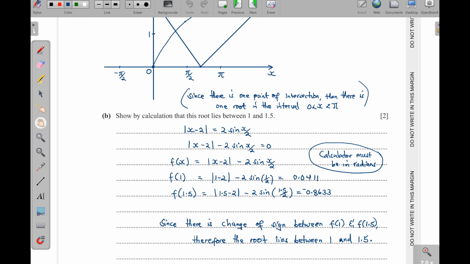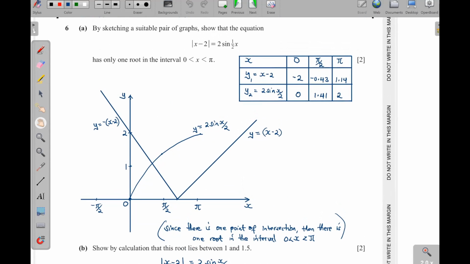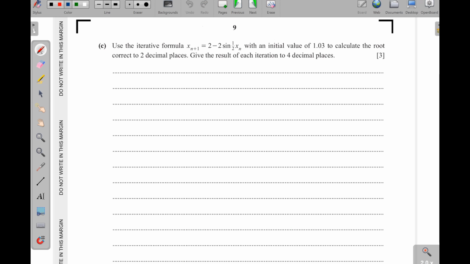Now the next part, of course, we expect to find this root. Based on this equation, we cannot solve such equations using the usual algebraic methods. So we can only use what we call numerical methods. Now here they are saying use the iterative formula x of n plus 1 equals 2 minus 2 sine of x over 2, with an initial value. They have given us the initial approximation.